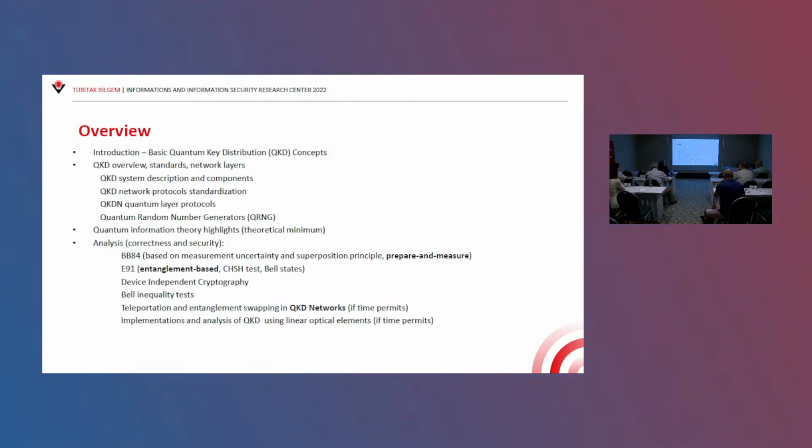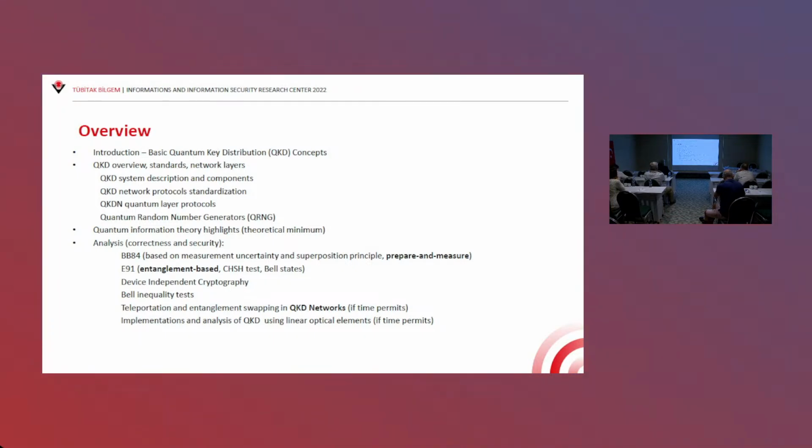So I'm going to overview the standards and network layers related to quantum key distribution. And then quantum random number generators are also an important part of physical layer security and quantum key distribution protocols. That's also based on quantum properties of particles.